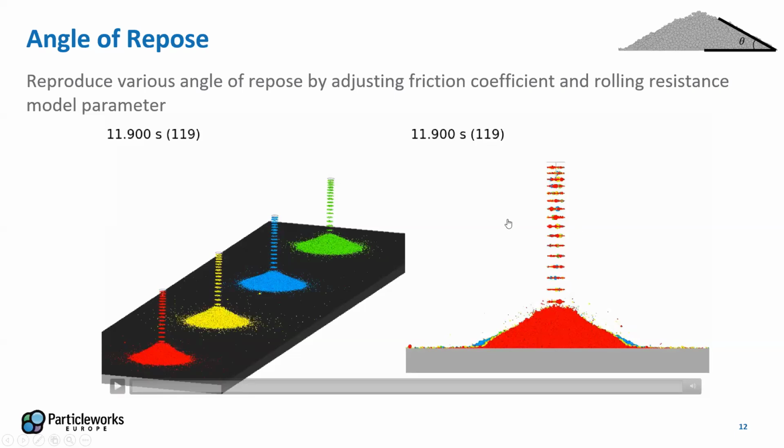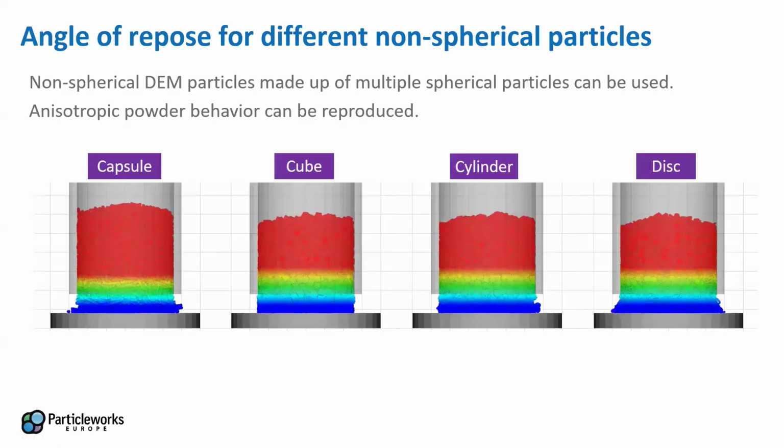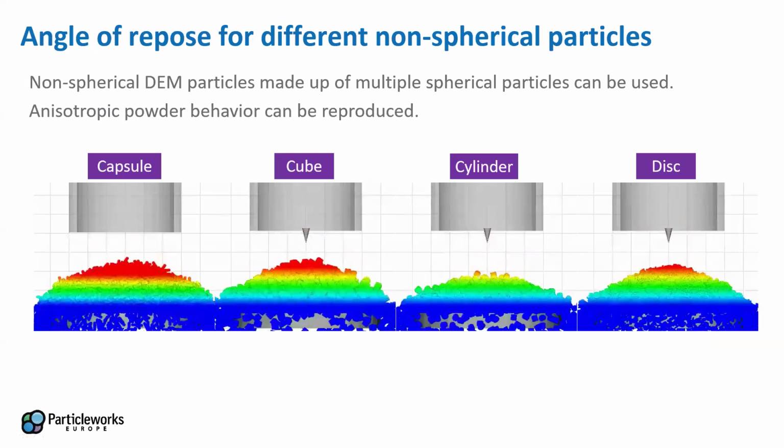So one of the first things that we usually do is this kind of simple test, which is also usually replicated experimentally to fine-tune the material properties of the powders. Then, given this angle of repose, we can check the correlation between the physical testing and the modeling we are doing.